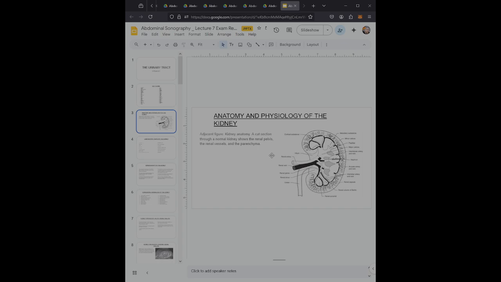And these interlobar arteries can be noted traveling between renal pyramids. The interlobar arteries branch into much smaller arcuate arteries at the base of the renal pyramids, and the arcuate arteries then branch into the interlobular arteries, and into what we know as afferent arterioles. And these afferent arterioles carry blood into the glomerulus for filtration.